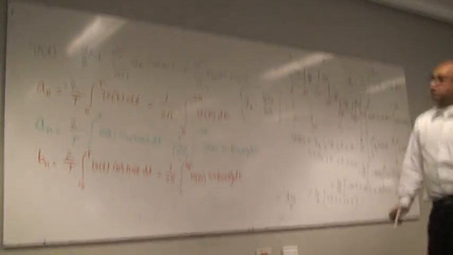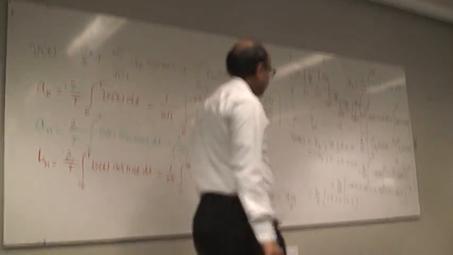Just to bring all these 2s, this was actually A0 by 2. This was A0 by 2, so that you have all 2 in the expression. Okay? If you take only A0, then the problem is it will be 1 by T, but this is 2 by T. So it's intentionally taken as A0 by 2, so that you have all the 2 here.